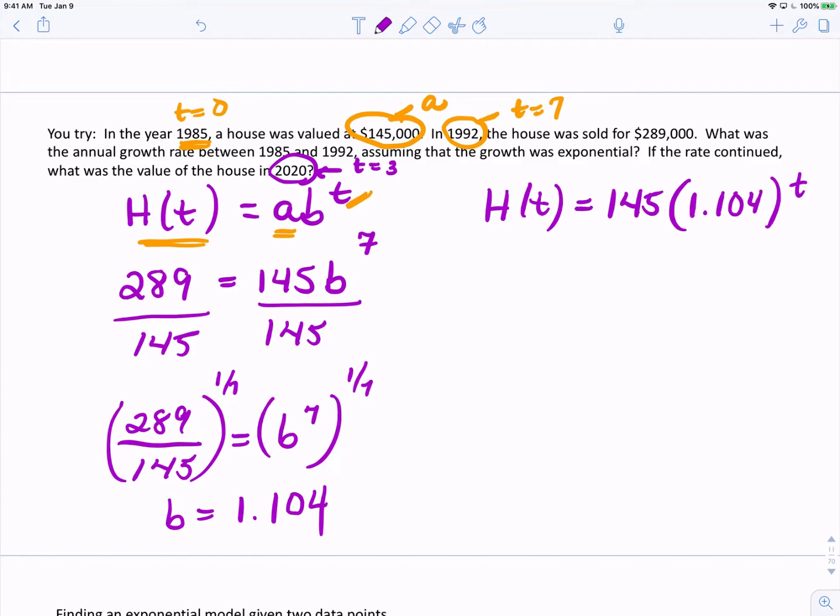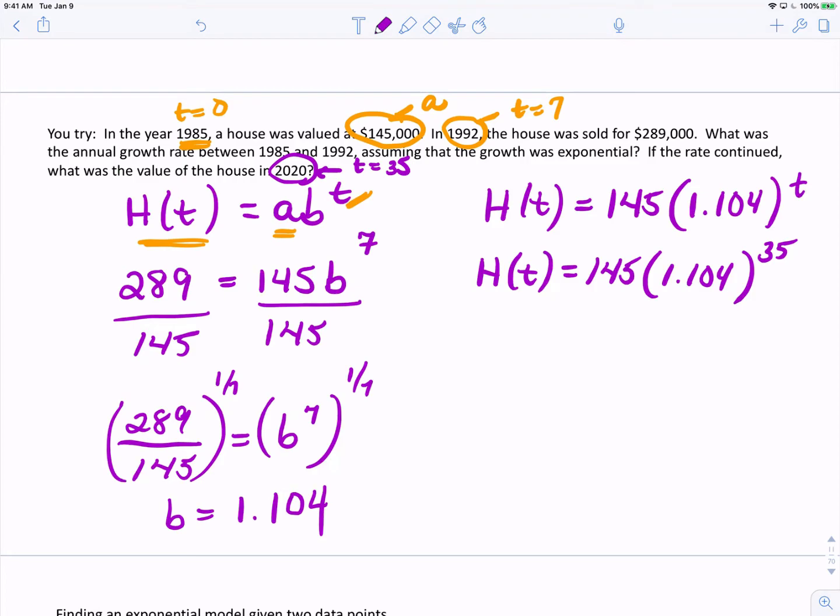Let me just double check that, because sometimes I don't do my arithmetic well. Yep, 35 years later. Okay, so h of t, the value of the house in the year 2020, would be 145 times 1.104 to the 35th power.